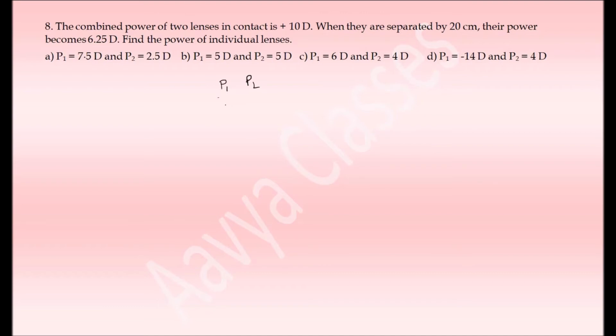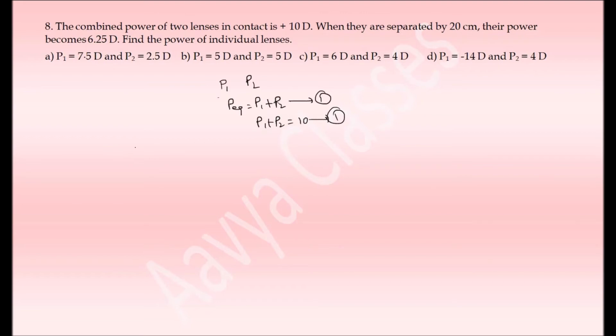As per this problem, the combined power of two lenses in contact is plus 10 diopter. When two lenses are placed in contact, the combined power is simply the addition of their individual powers. So P equivalent is equal to P1 plus P2 when they are placed in contact. And this is our equation 1, which says that P1 plus P2 is equal to 10.